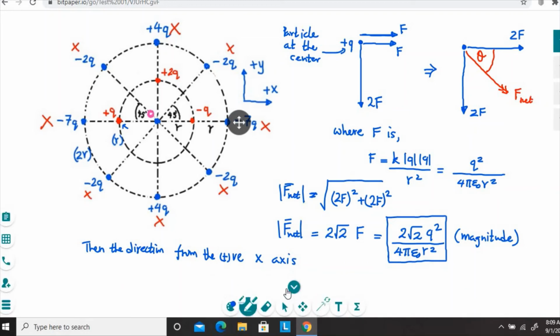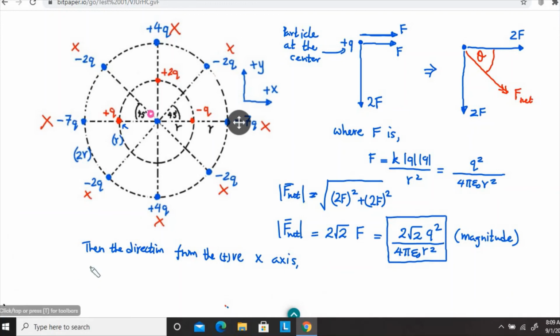So I'm going to write that in a counterclockwise direction, you can see that's in this direction. So if we are measuring, you can see that that's our positive x-axis.